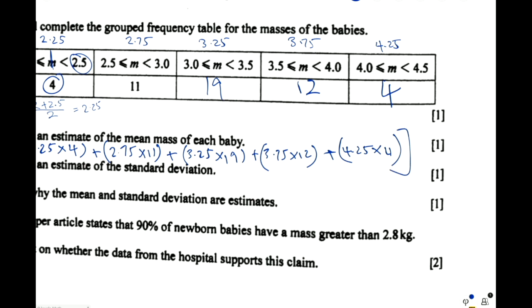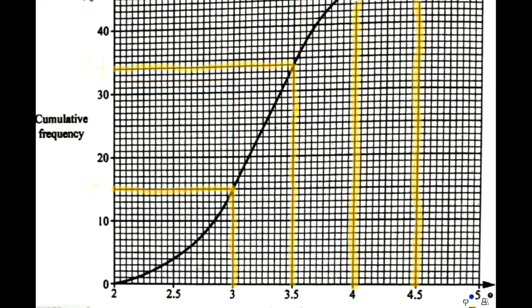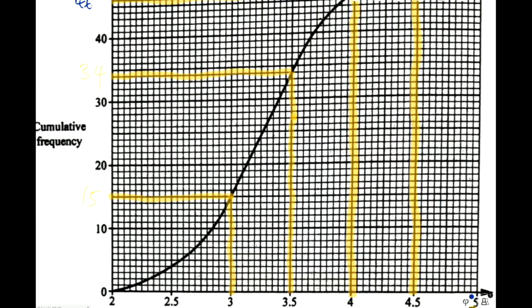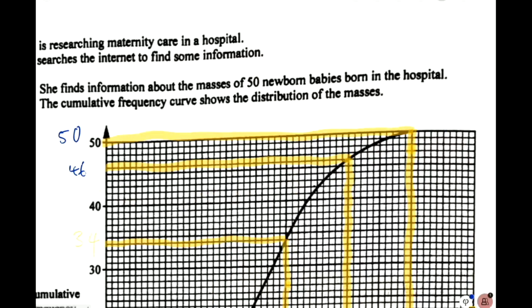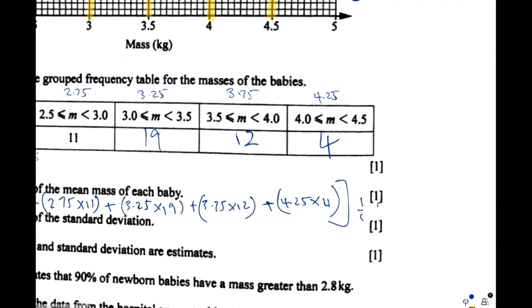Next, the whole thing we have to divide by the total frequency. What's the total frequency? 50. So divided by 50. Pressing everything into the calculator, I get 3.26 kilograms.